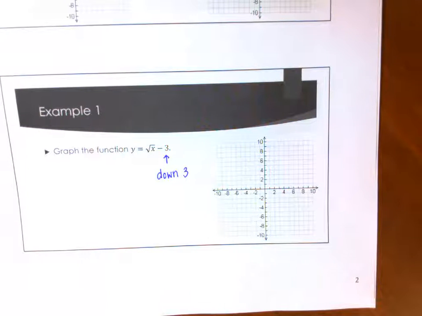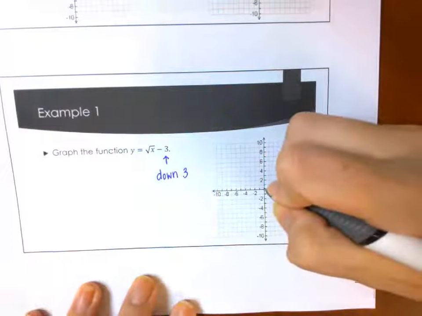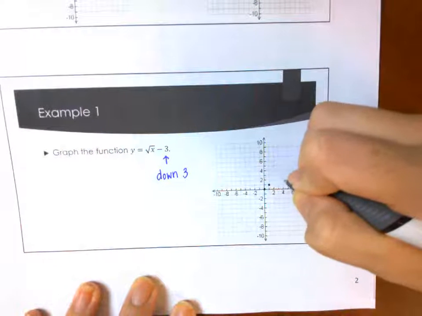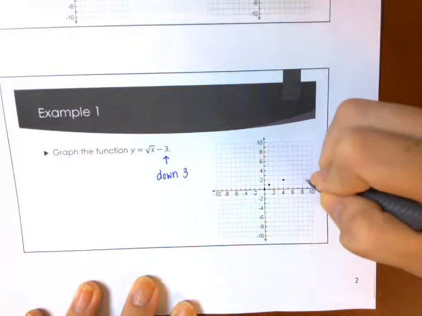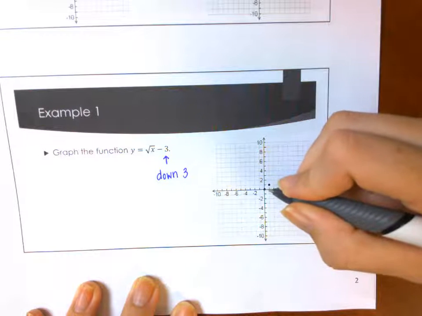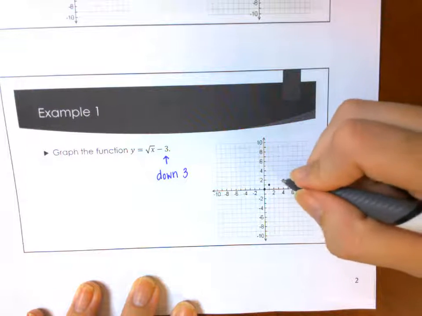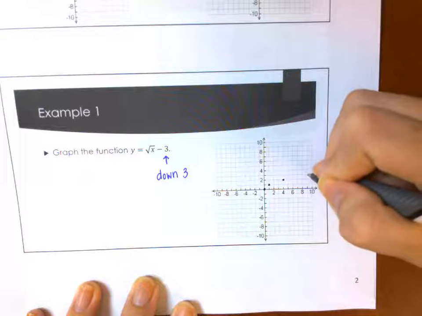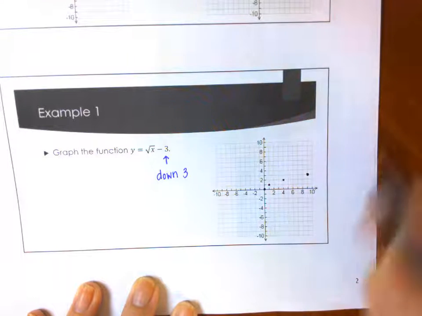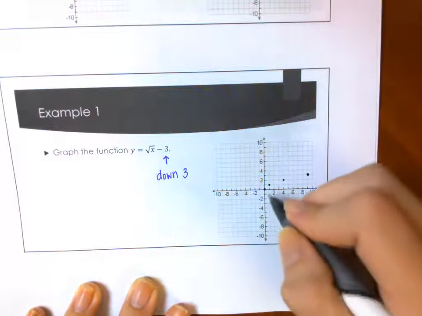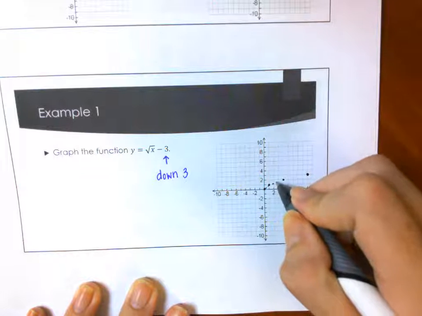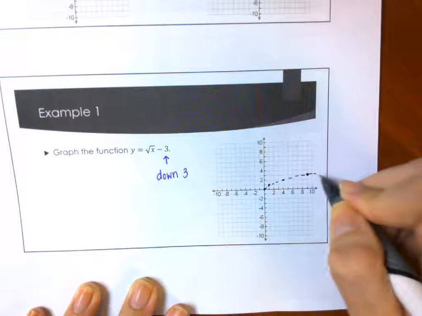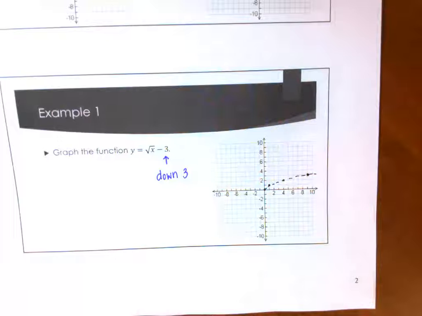So I'm going to put my parent function of the square root function on here. You guys are going to do this enough that you start to memorize 0, 0, 1, 1, 4, 2, 9, 3. You don't have to make a table for this every time, or you shouldn't have to. I'm just going to do a dotted line to show that it's not my final answer, but it's part of my work.